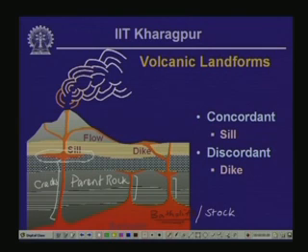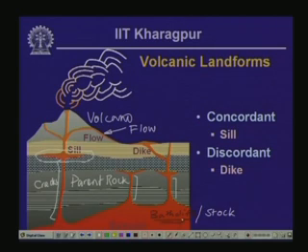They are called sills, or they may eventually find their way up to the atmosphere through a volcano, or they might actually end up flowing on the ground, which is known as lava flow.